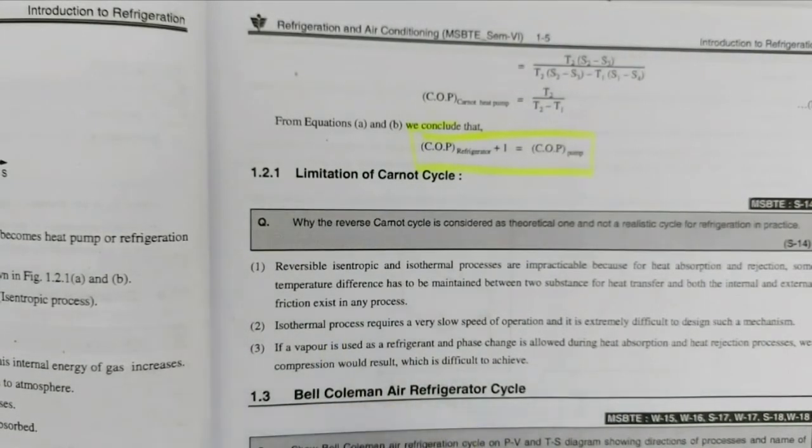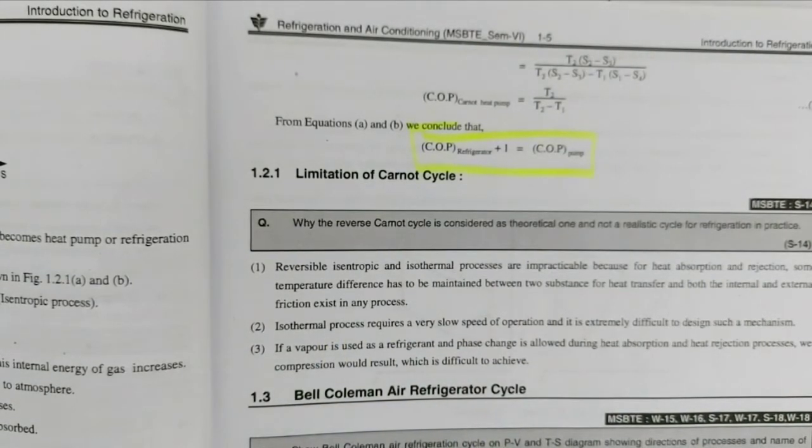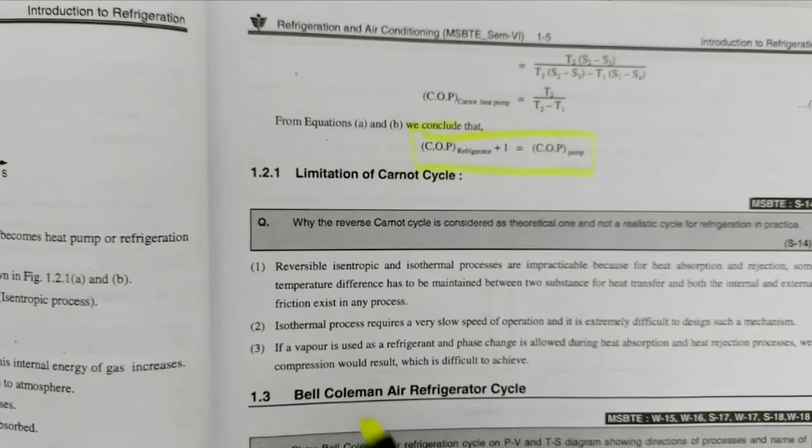Now, limitations of the Carnot cycle. The first limitation is that reversible isentropic and isothermal processes are impracticable because of heat absorption and rejection. Some temperature difference has to be maintained between two substances for heat transfer, and both internal and external friction exist in any process.